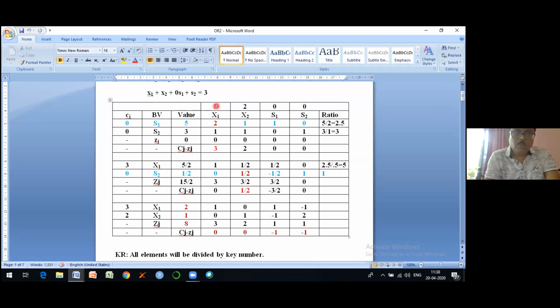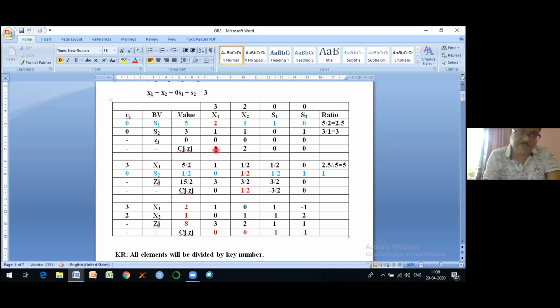So we have considered this key column. It is giving us one clear indication. What clear indication? The clear indication is that in the next table, the x1 variable will be coming.